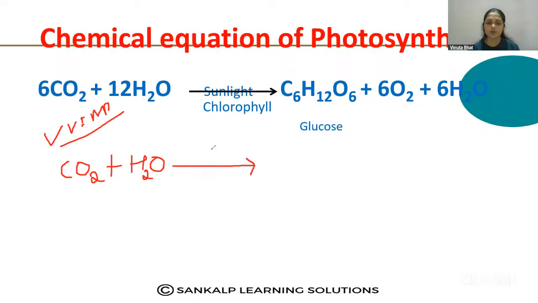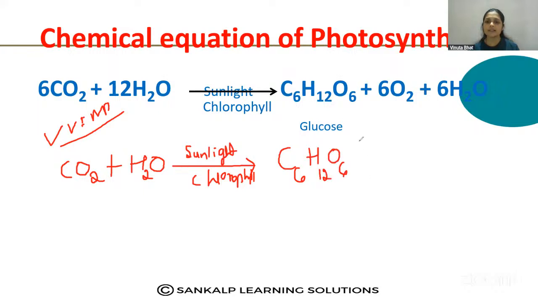and also sunlight, and in the presence of sunlight and chlorophyll, which produces the carbohydrate or starch. So that is glucose, C6H12O6.